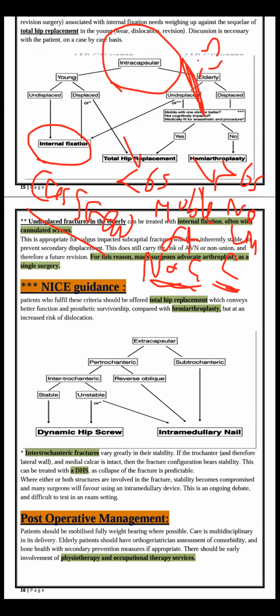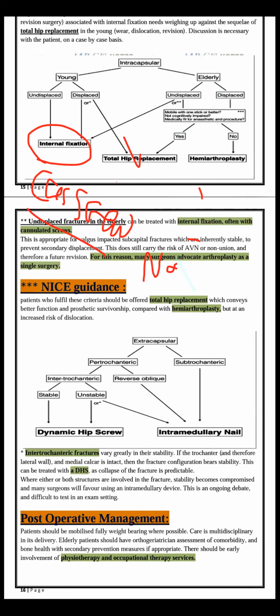Again, this scheme is very important. If I have any intracapsular fracture, what's your management? It will be internal fixation by cannulated screw. In young age, displaced and undisplaced, I will go for cannulated screw. If I have old age undisplaced, I will go for cannulated screw. Displaced old age intracapsular has susceptibility to avascular necrosis.